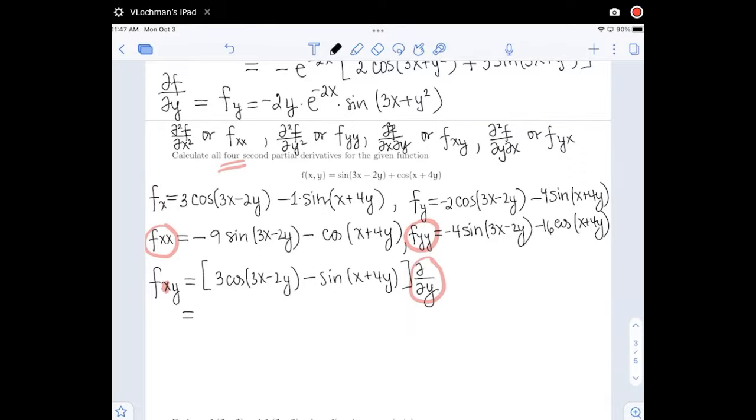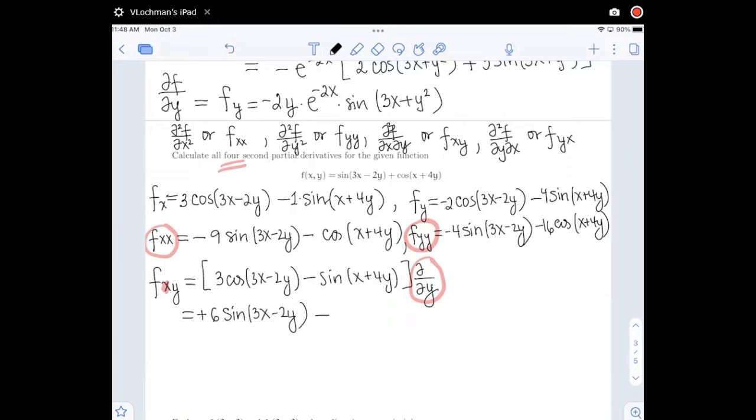Okay, let's see. Derivative of cosine is negative sine, and we're going to figure out what that coefficient is. Differentiating with respect to y, the derivative of the inside is negative 2. So negative, and then we have 3 times negative 2. This becomes positive 6. Okay. Then what happens here?